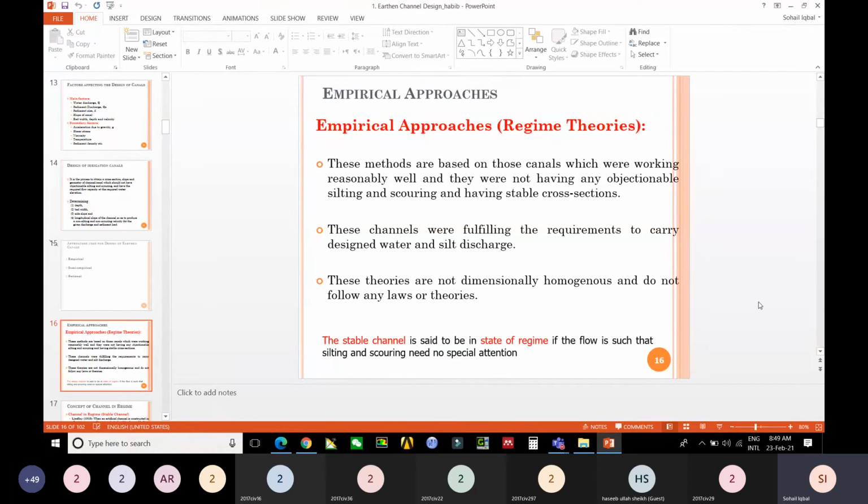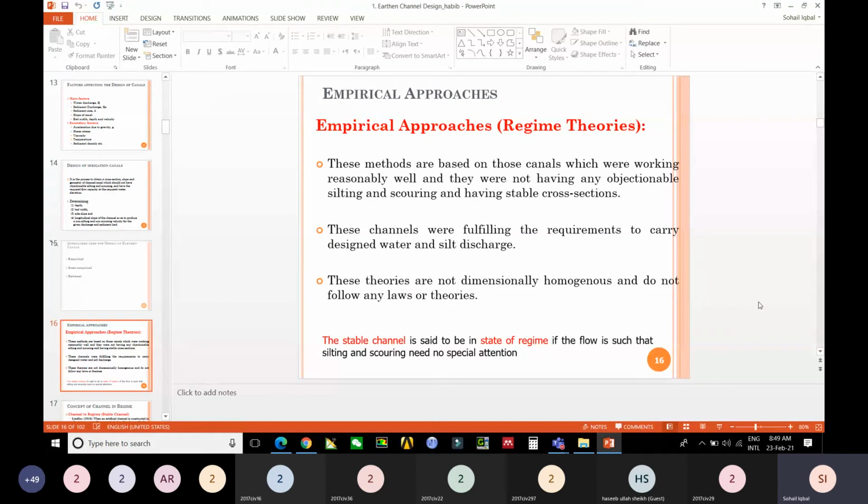They have provided their theories, and the results are well and good. There is no scouring, there is no silting. So they provide a theoretical background that if you take these parameters, then definitely you will not face these silting and scouring problems.